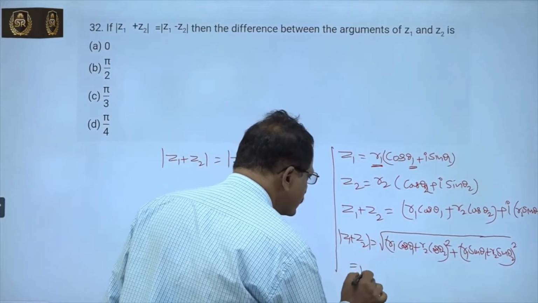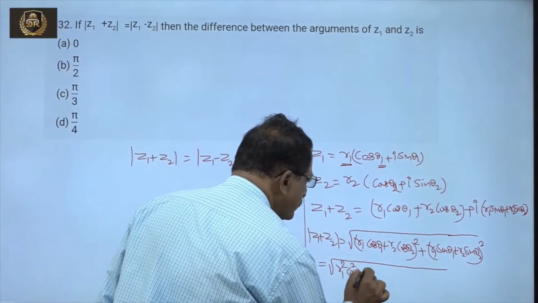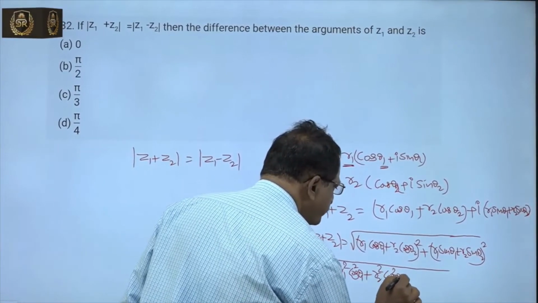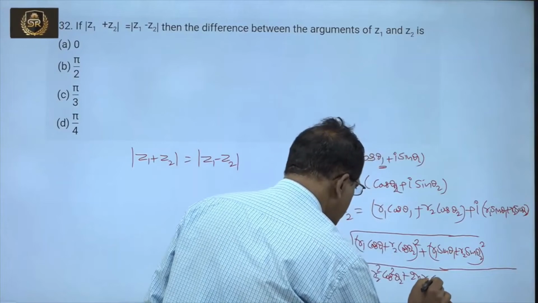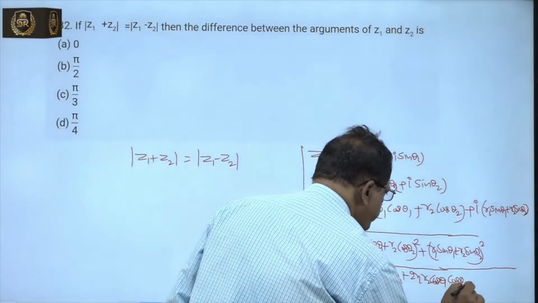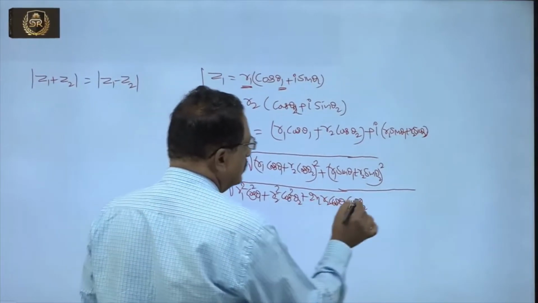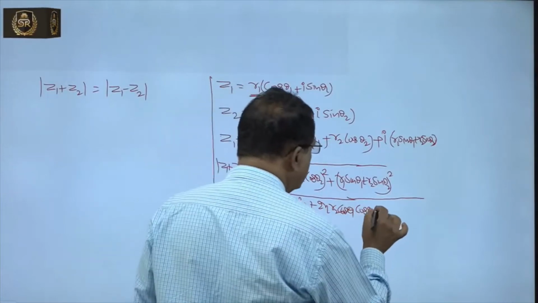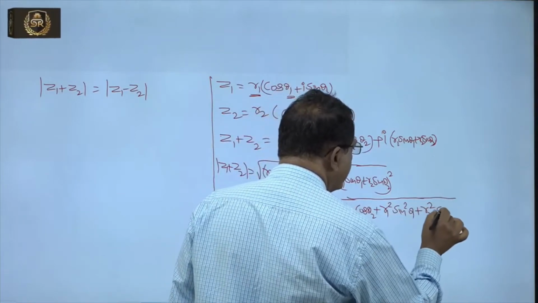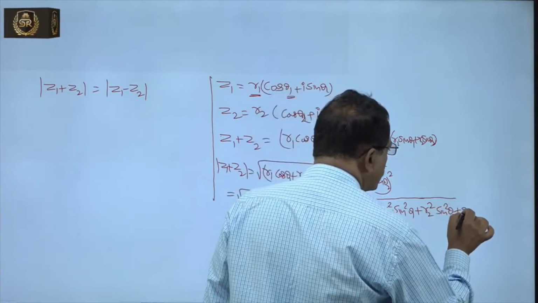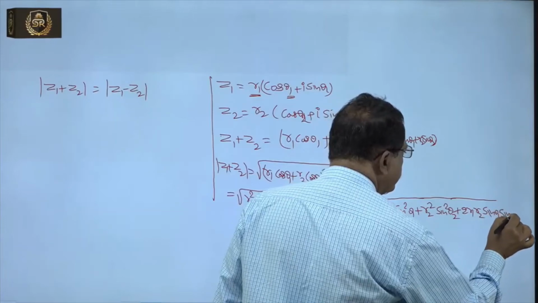Now, that equals the square root of r1 square cos square theta 1 plus r2 square cos square theta 2 plus 2 r1 r2 cos theta 1 cos theta 2, plus similarly r1 square sin square theta 1 plus r2 square sin square theta 2 plus 2 r1 r2 sin theta 1 sin theta 2.